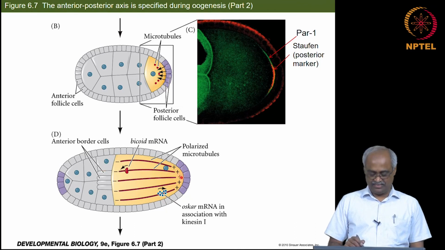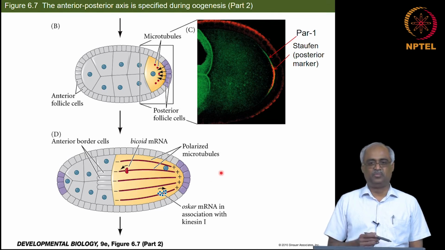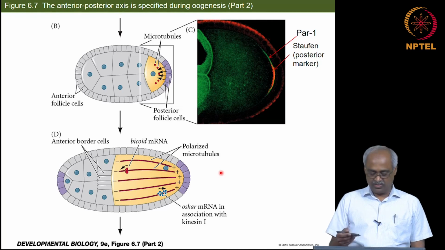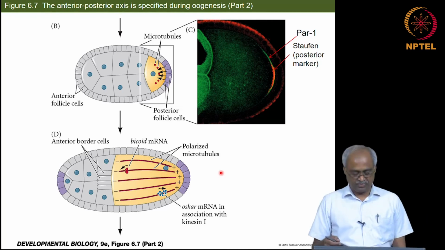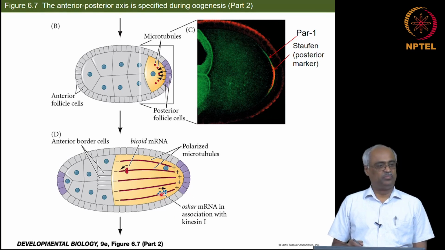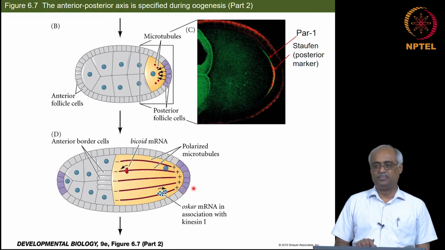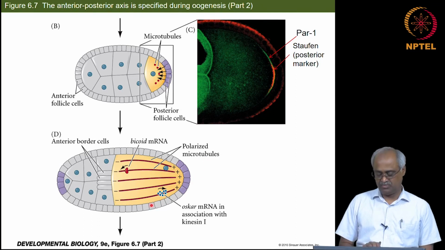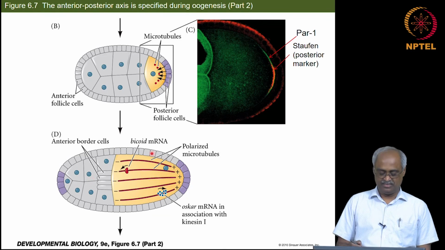And as a result, on these roads or rails, now you can have RNA and protein moving, and the motor proteins that latch on to, like, Oscar mRNA, move towards the plus end, like kinesin moves to the plus end and dynein moves to the minus end, and as a result bicoid is carried to the anterior and Oscar is carried to the posterior.